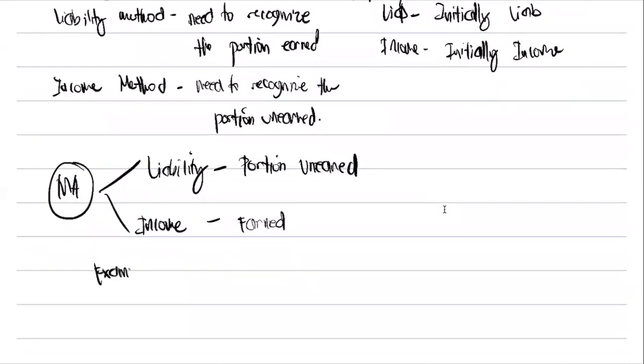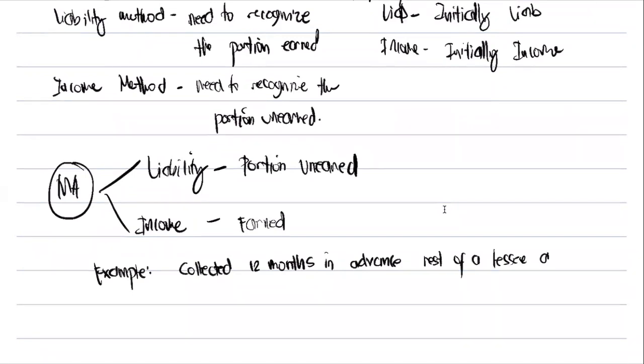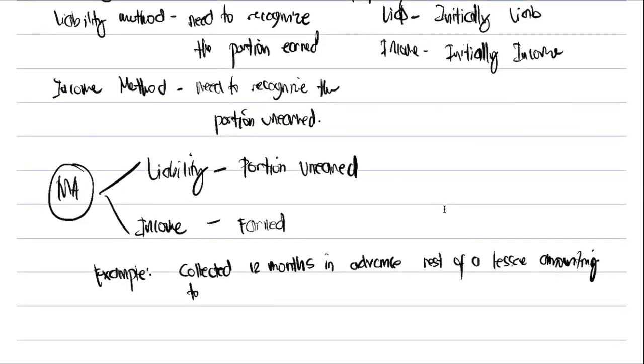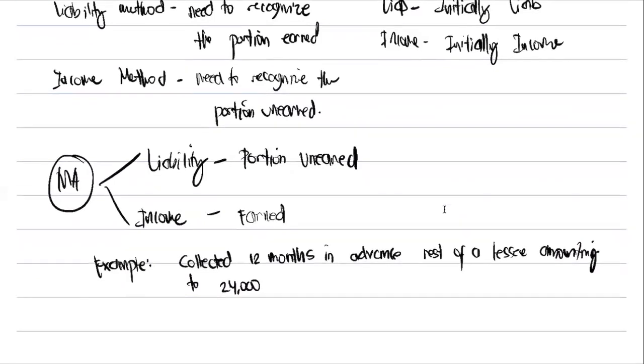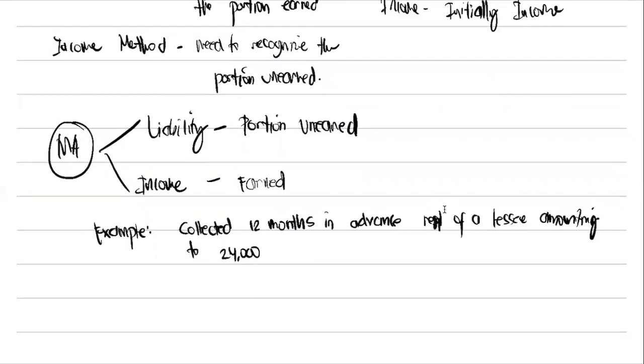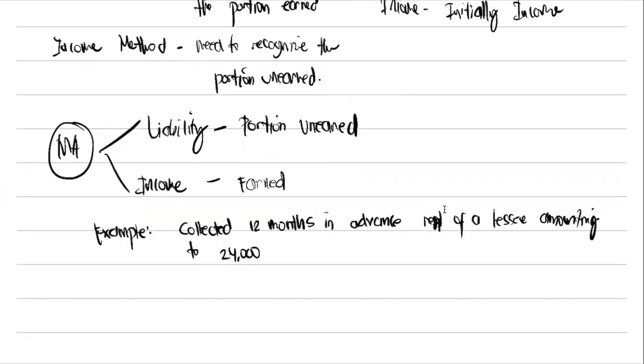Our example here in our deferred revenue: collected 12 months in advance, rent of a lessee, amounting to 24,000 pesos on July 1, 2020.